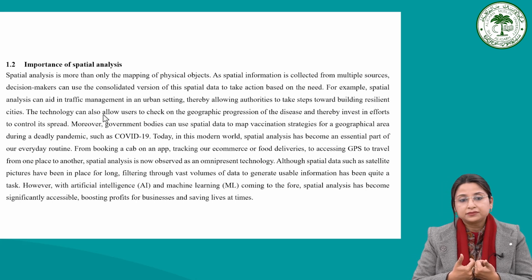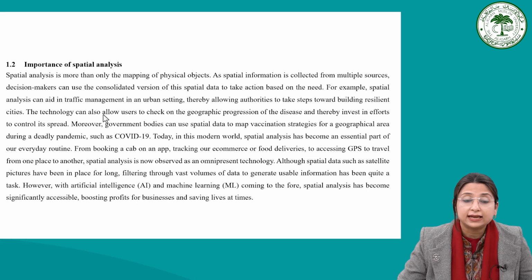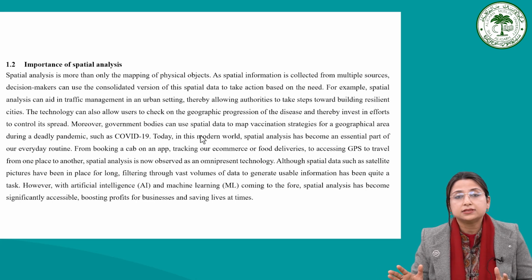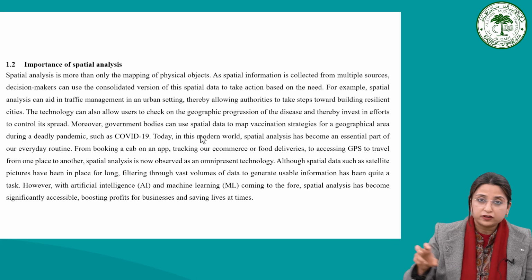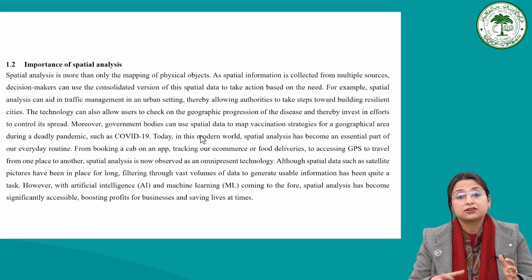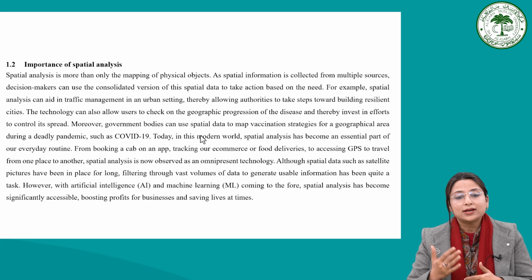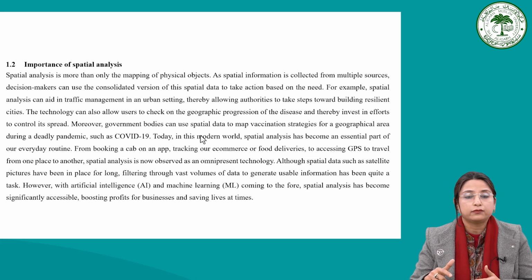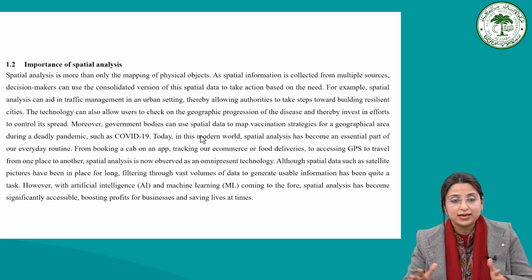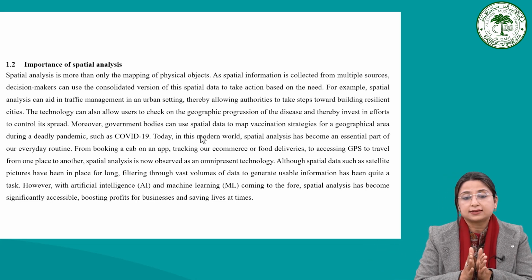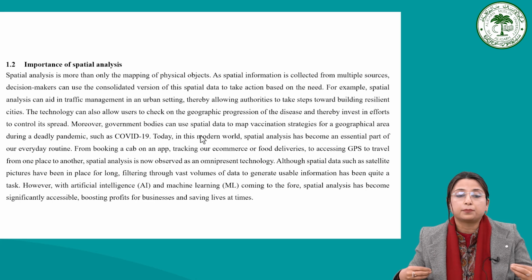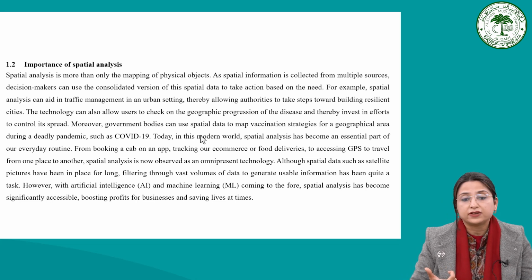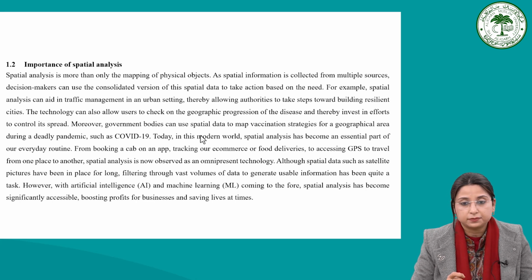For example, spatial analysis can aid in traffic management in an urban setting by knowing the traffic flow, the hour in which the traffic flow is higher, what alternative route can be found out, and what are the possible ways to minimize a jam or congestion in a particular urban setting. So spatial analysis can aid traffic management in an urban setting.